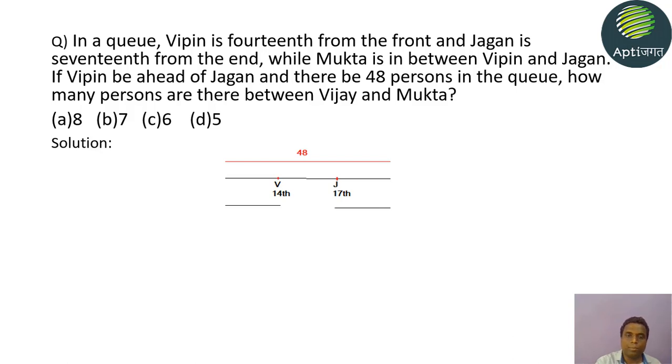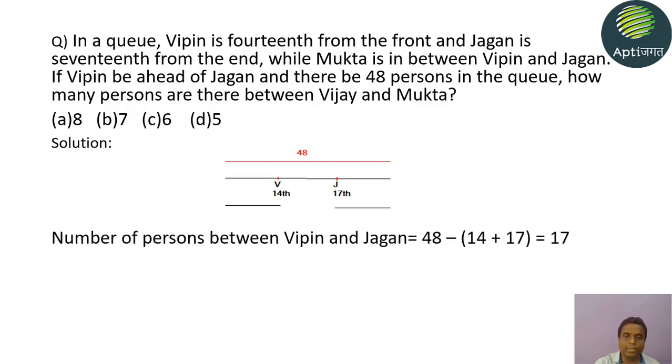So how can we calculate the people in between? 48 minus (14 plus 17), because 48 is the whole row. If we reduce this portion and this portion, what remains? Yes, the middle portion remains. So how many people are between Vijay and Jagan? 17 people are between them.